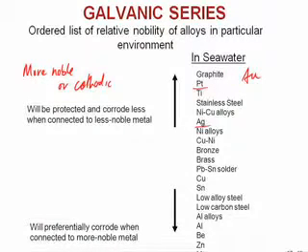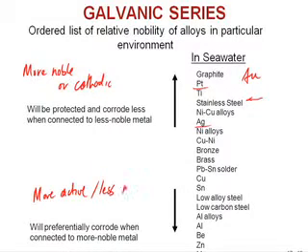So these are noble elements that we use for jewelry, for instance, because they don't corrode. They in general are very corrosion resistant. Okay? Up here also is stainless steel. When it's protected by a passive layer, it behaves like these very corrosion resistant materials. Titanium, very corrosion resistant.